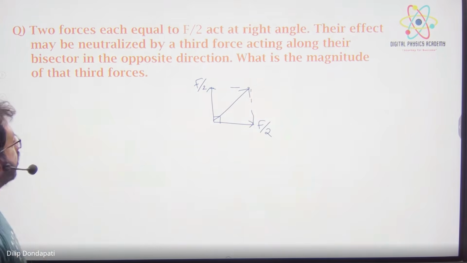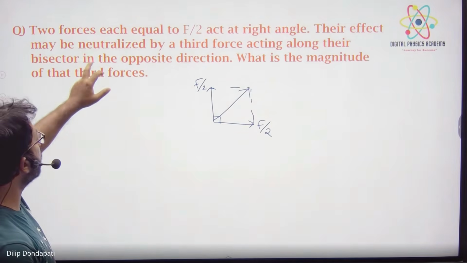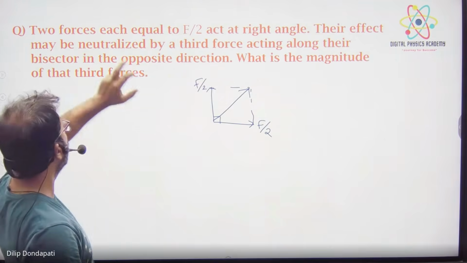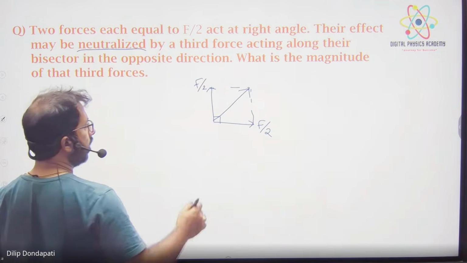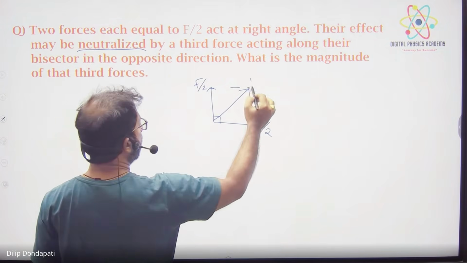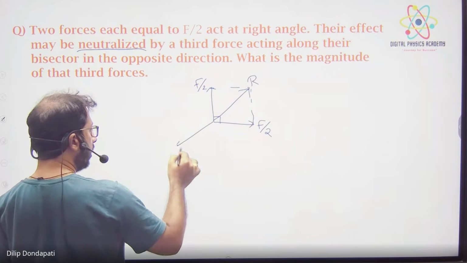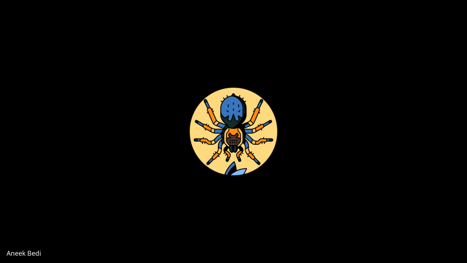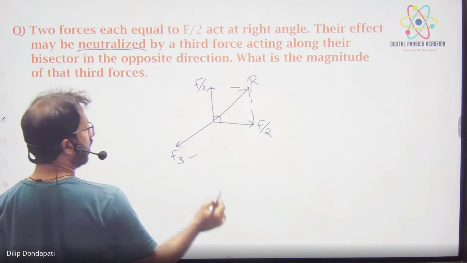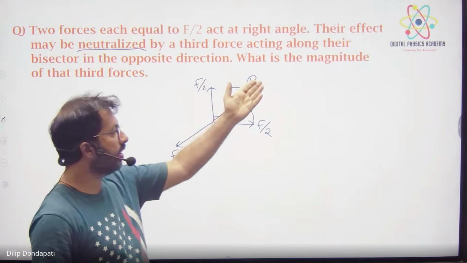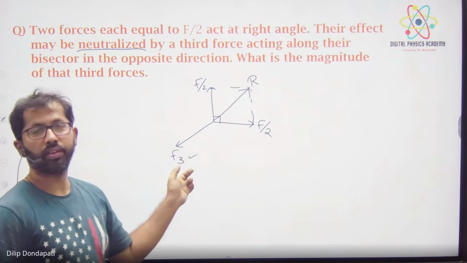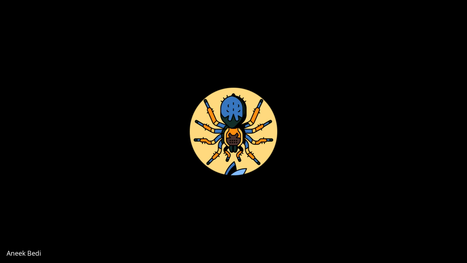Now the third force acting along the bisector in the opposite direction gets it neutralized. This means the third force will be exactly opposite to this resultant. Then only it can cancel this vector. That F3 value is what you're asking. So indirectly, find the resultant. The resultant is nothing but F3.